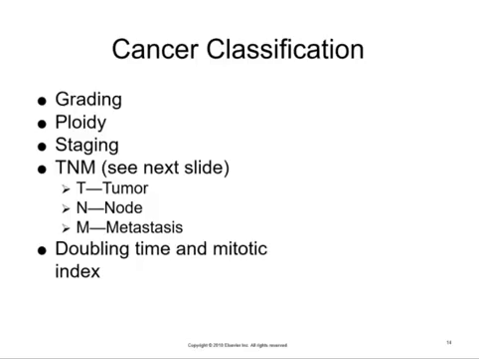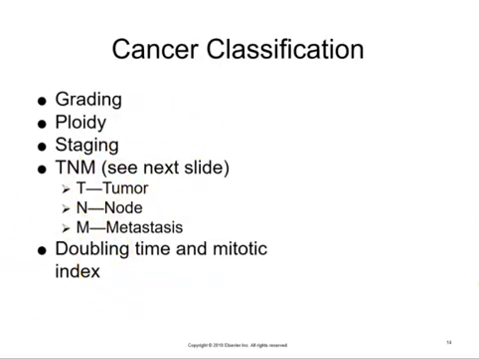High-grade tumors contain poorly differentiated cells which divide rapidly. These are aggressive tumors that spread. Low-grade tumors more closely resemble the cells from the tissue in which they originate. These tumors grow slower and they are less aggressive.